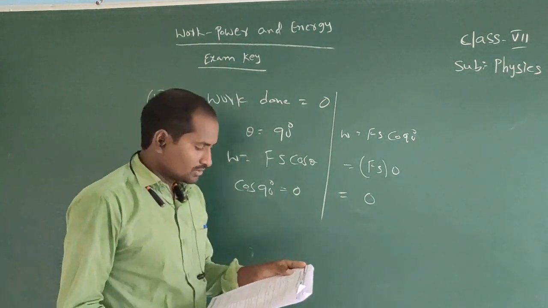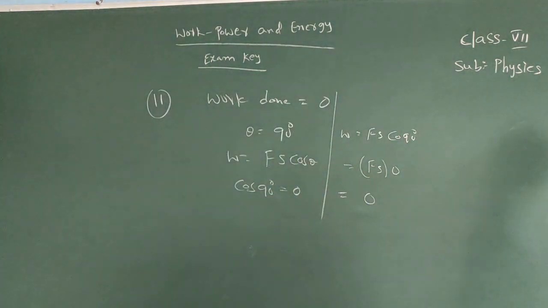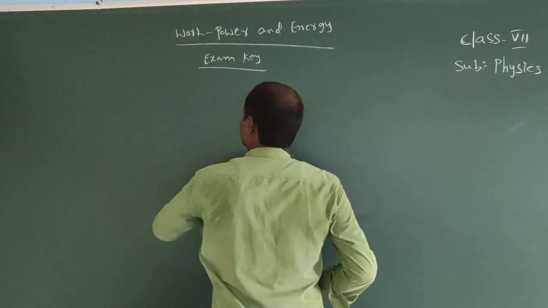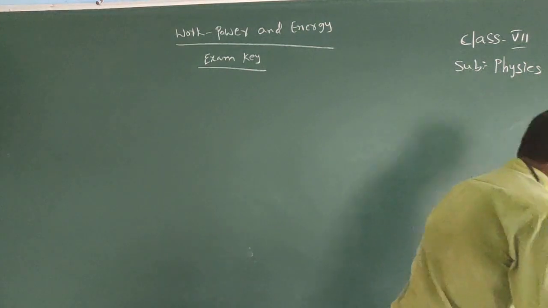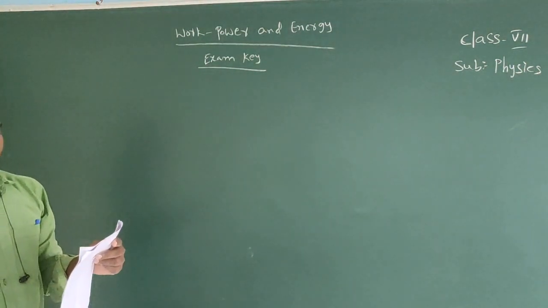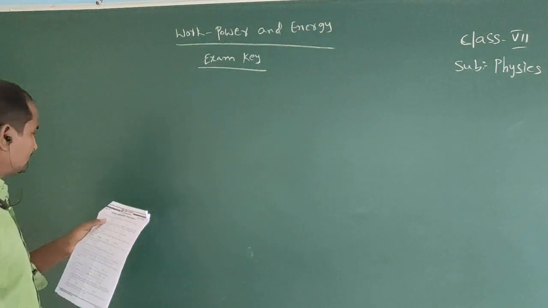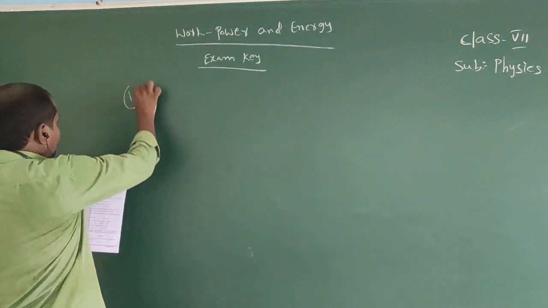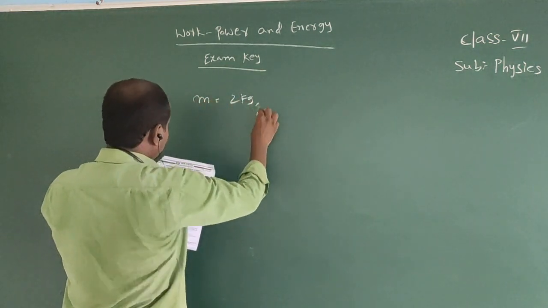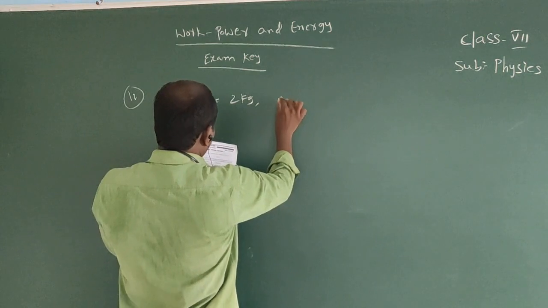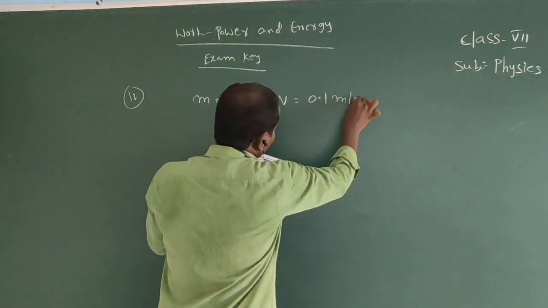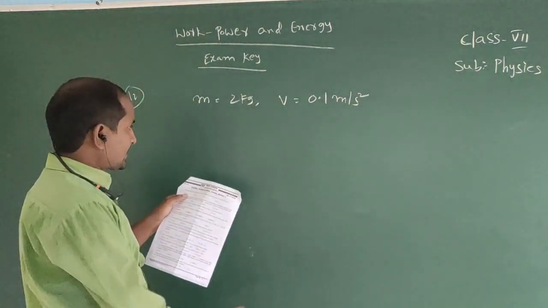Okay, now 12th one. Calculate the kinetic energy of a body of mass 2 kg moving with a velocity of 0.1 meter per second.